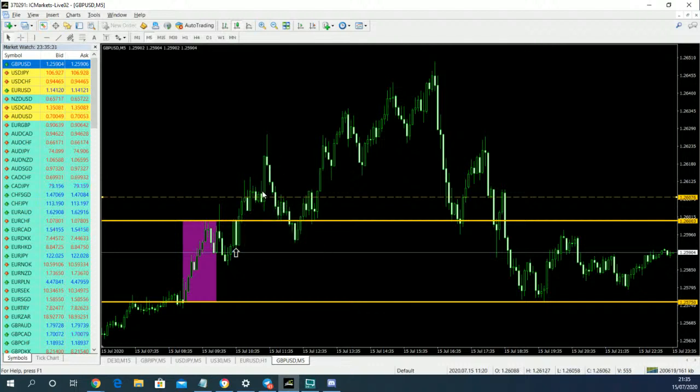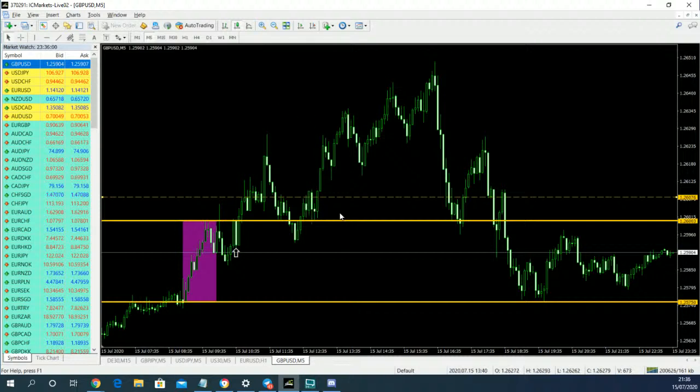So this is the initial breakout, but if you ignore it and your strategy was to go for a retest, you wait for price to break out and come back into the box. When it comes back, you see it closed inside the box. I want to see a candle that is completely inside the box. And when price comes out again, that is a pure retest. Then you can go and buy.